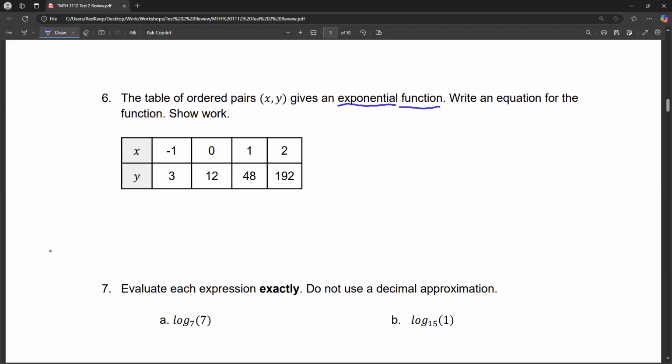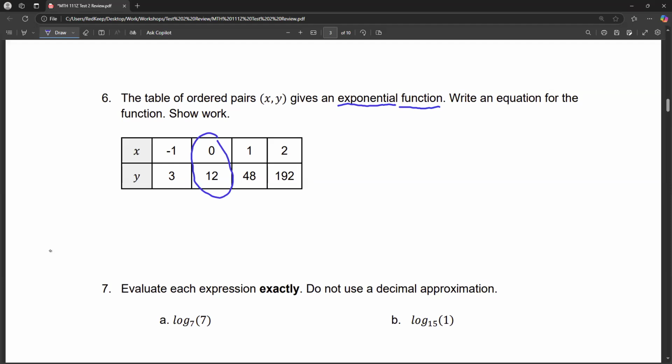So if you've been doing this, if they give us the initial value, that's usually when our independent variable is equal to 0. And that happens here in our table. That's an excellent point to use.